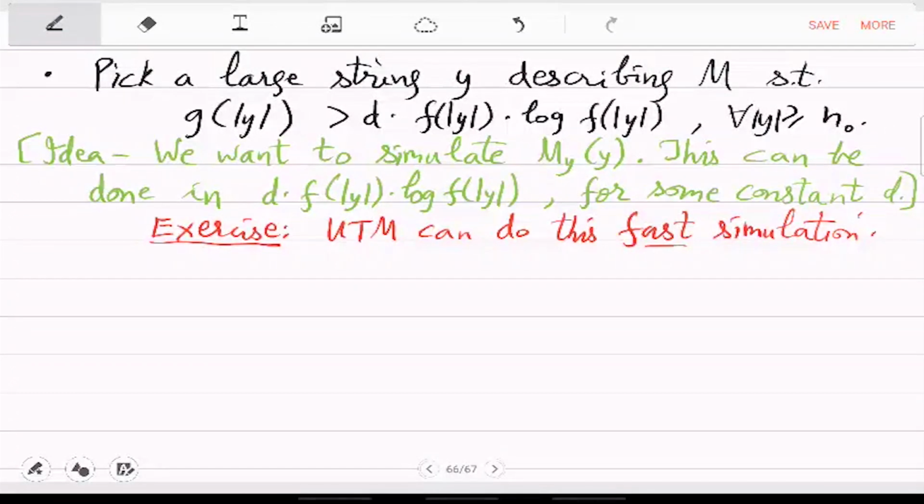So once you have done this, now we can go ahead with the simulation of M_y on y. Turing machine M_y on input y, and ask the question, what is D of y? D is solving L and M is solving it faster.